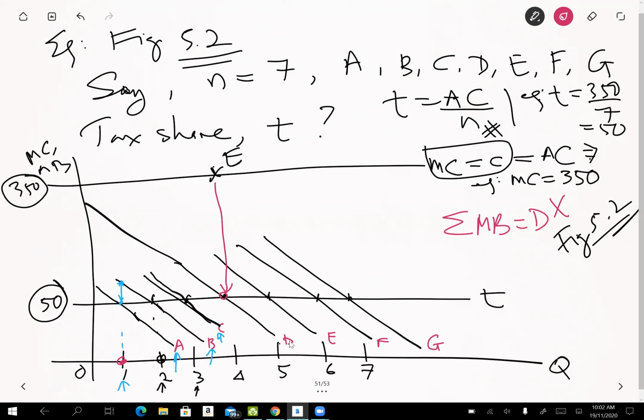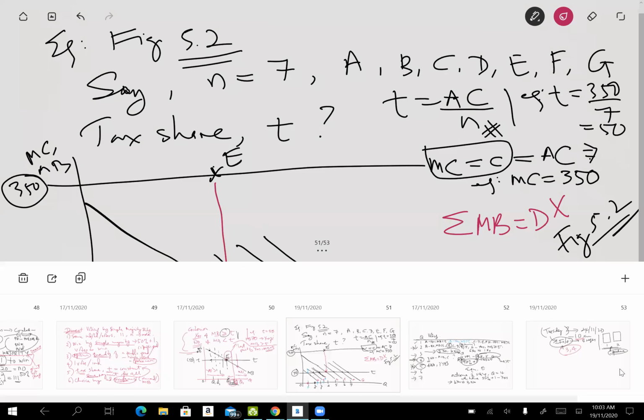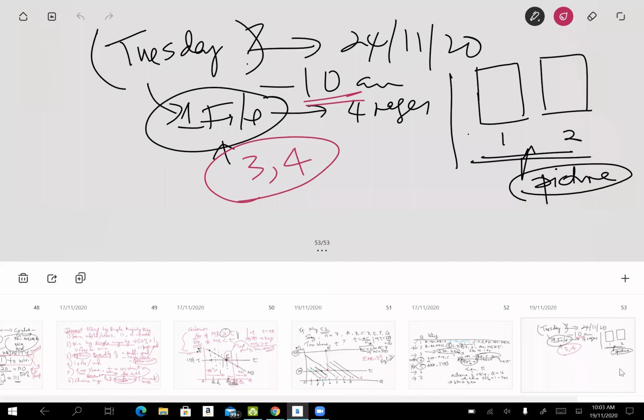Person D gets his most preferred outcome, which is 4, and 4 is the equilibrium outcome. So the equilibrium quantity is the most preferred outcome of the median voter.